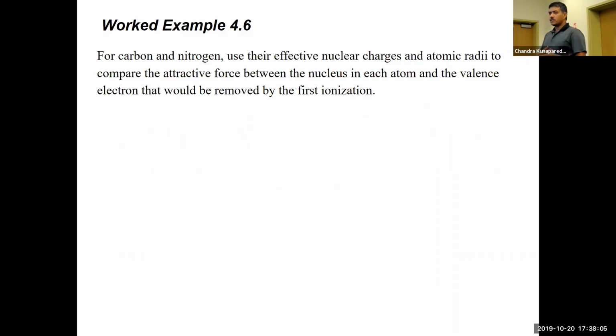So the question is asking: calculate the attraction experienced by the valence electron of a nucleus for both carbon and nitrogen. See which one is going to have greater attraction compared to the other.